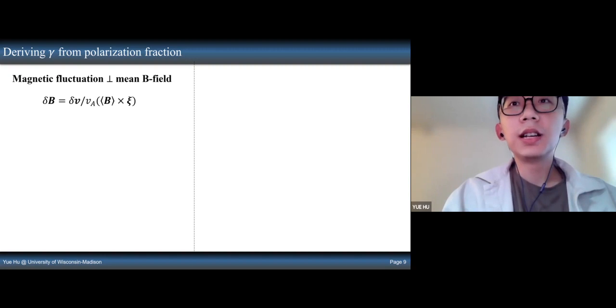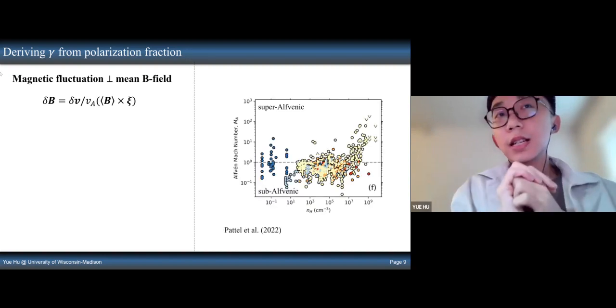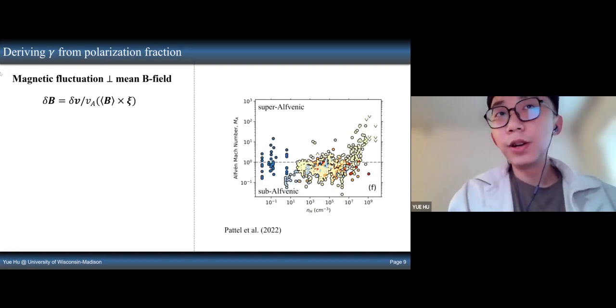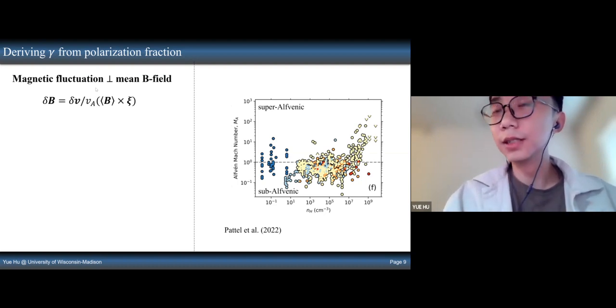But here we would also like to see that the assumption of a mean magnetic field assumes the star-forming cloud has a very strong magnetic field. It should be sub-Alfvénic, which means the Alfvén Mach number MA is smaller than 1 instead of super-Alfvénic.